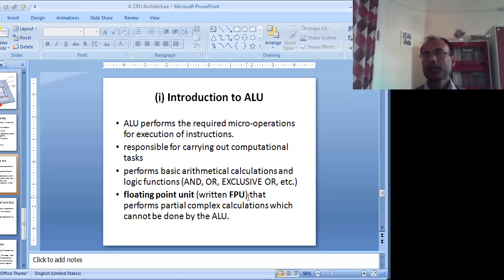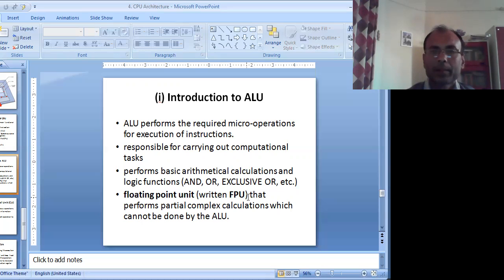The ALU, basically the arithmetic logical unit, is the inbuilt calculator for the CPU, which is responsible for the computational tasks performed inside the CPU. Because this ALU has each and every basic component responsible for arithmetic and logical operations. For example, for addition and subtraction, it has the adder subtractor.